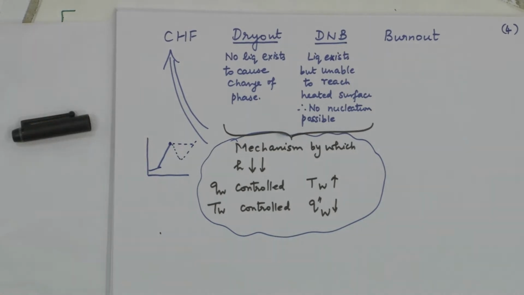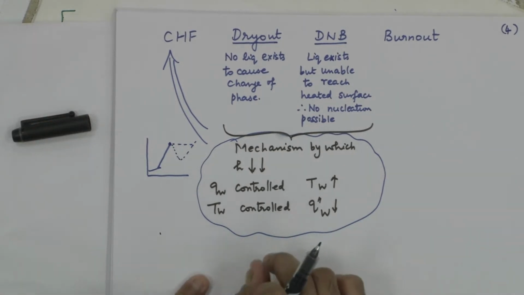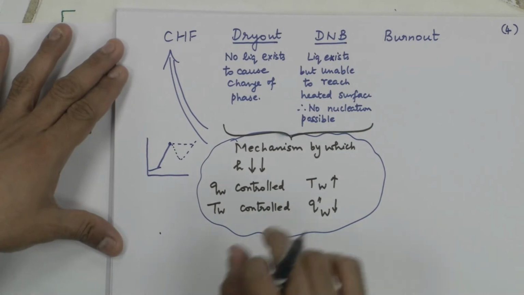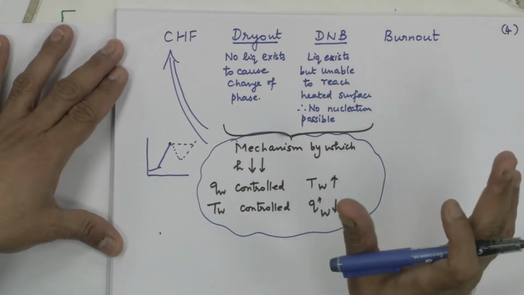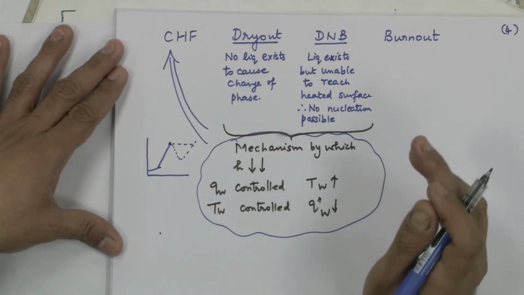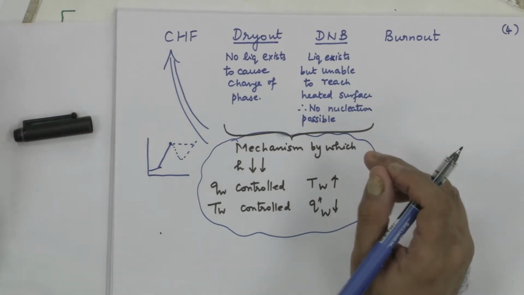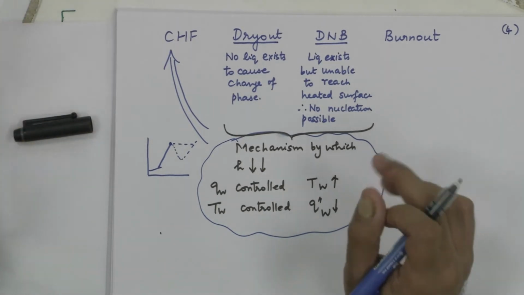We also understood that the CHF point is directly not a constant. You could have different situations where CHF could occur for different values of heat flux and wall temperature. So, as we said, it is not a number that you will find in a textbook or which is tabulated. You have what we call CHF lookup tables for different geometries and different experimental conditions of pipe diameter, pressure, inlet subcooling, length, and so on.